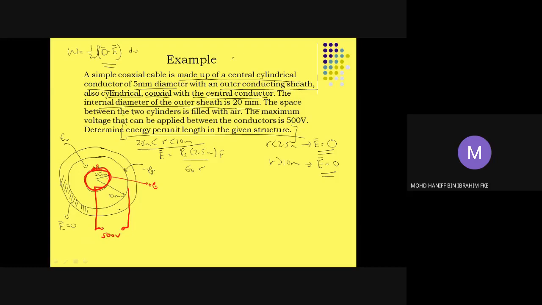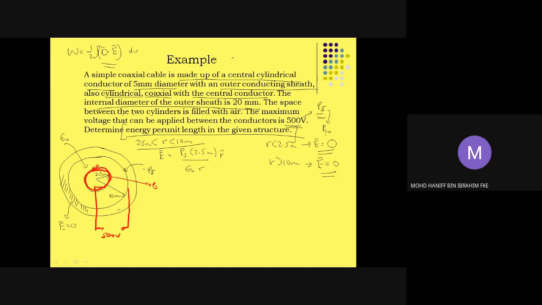We did this example before: the purpose of having this potential difference of 500 volt is to find the rho s. I don't want to proceed with finding the rho s, so you can see the videos on how we find it for this particular case. If we recall, we just put rho s as rho s naught, obtained from the use of this potential difference.